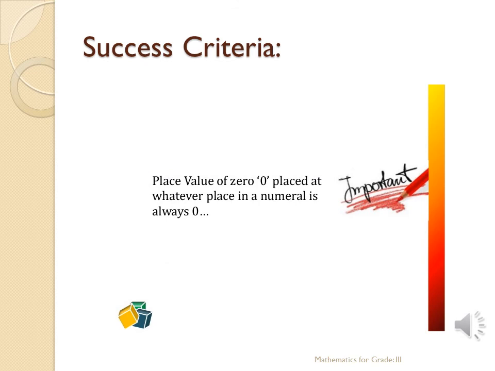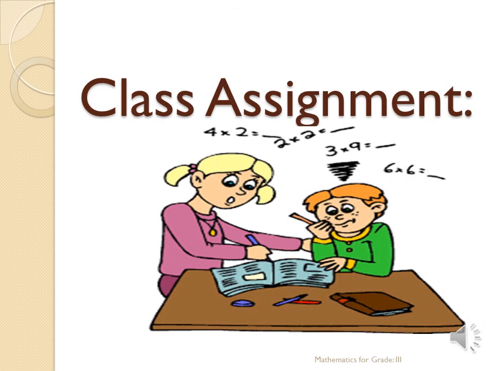Now the success criteria of the lesson place value is: the place value of 0 placed at whatever place in a numeral is always 0. I repeat it again. The place value of 0 placed at whatever place in a numeral is always 0. So students, class assignment. A few questions are given here.